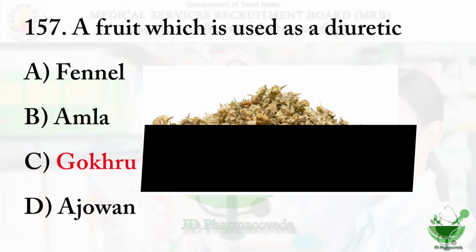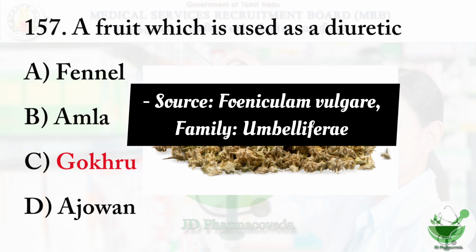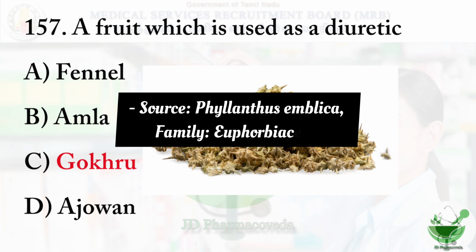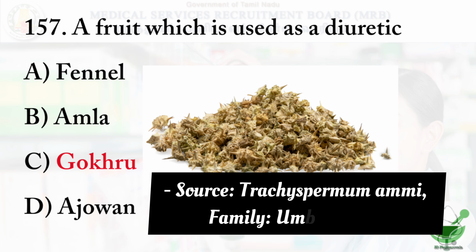For fennel, we already discussed, its source is Foeniculum vulgare and family Umbelliferae. For amla, its source is Phyllanthus emblica and its family is Euphorbiaceae. For ajowan, its source is Trachyspermum ammi, its family is Umbelliferae.